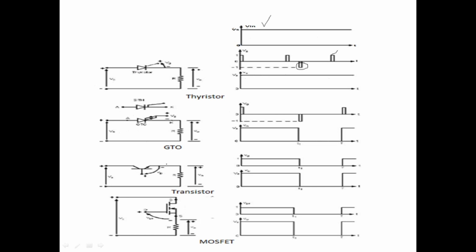Next, we can use a power transistor as a switch in our power electronics. So what are the three terminals of the power transistor? Collector, emitter and base. We know that whenever VB is more than 0.7, then only the base emitter is forward biased. So the base emitter is the terminal which is used to control a transistor.